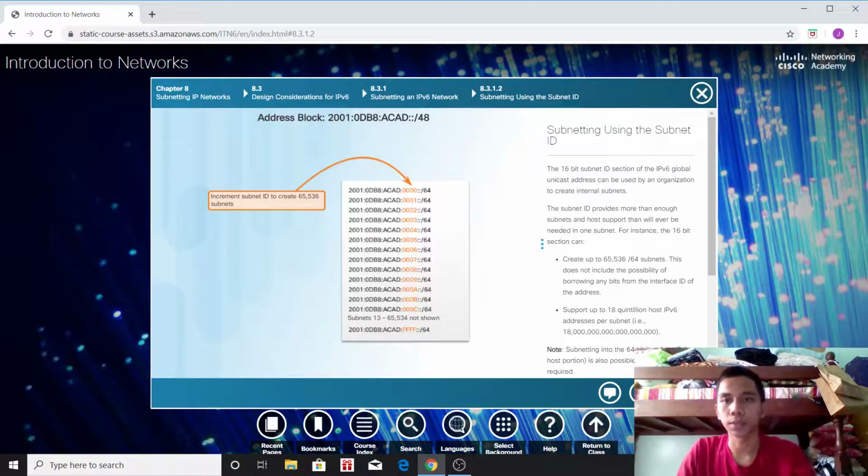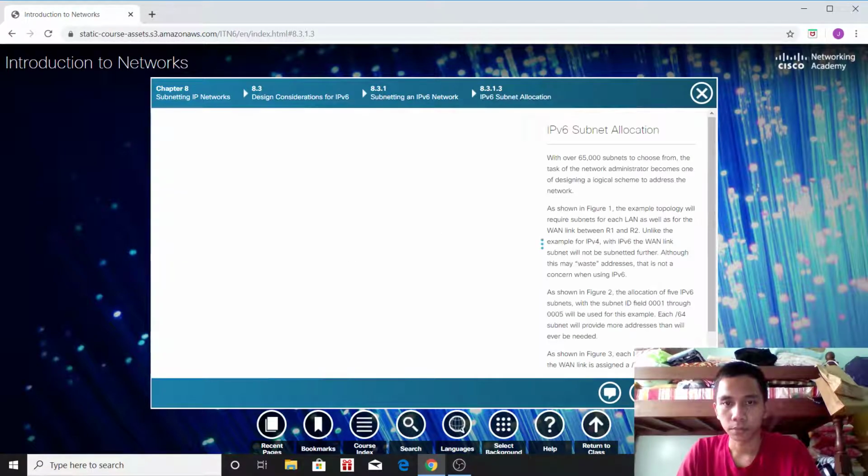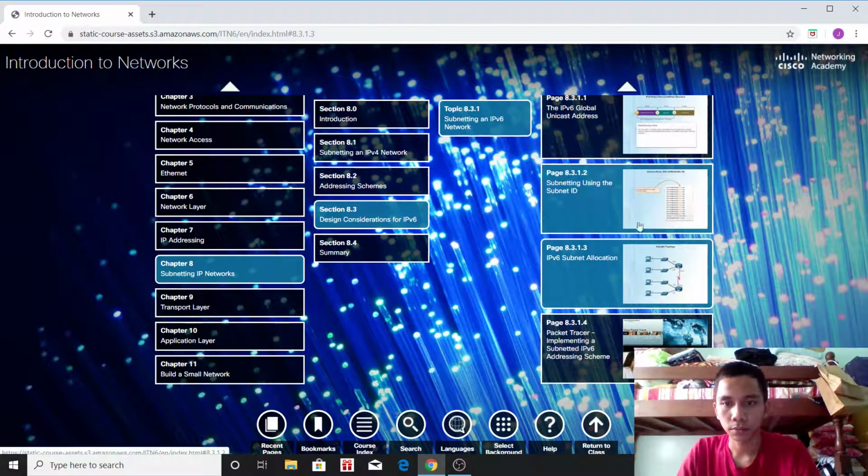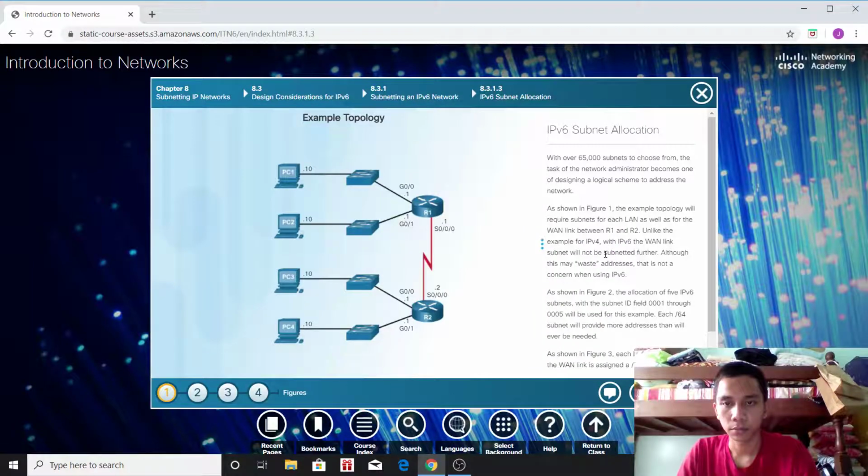Then subnetting using the subnet ID. Increment the subnet ID to create 65,536 subnets. Example of topology: IPv6 subnet allocation.